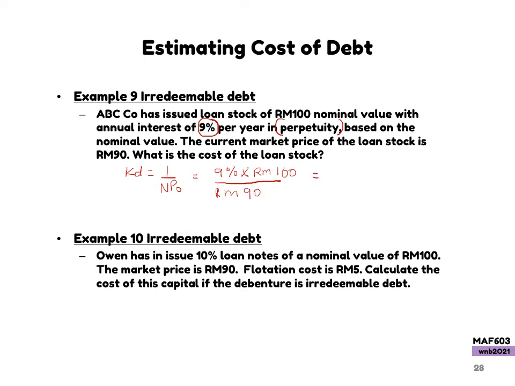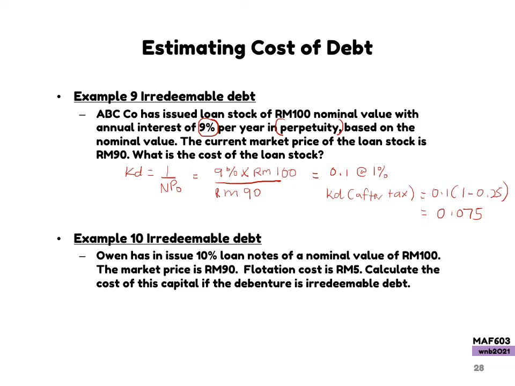So finish up this formula, I will get KD of 0.1 or 10%. Okay. Here in this question, it doesn't mention anything about the corporate tax rate, so assuming that corporate tax is 25%. So I will find KD after tax. KD after tax equals 0.1 times 1 minus tax 0.25. Then I will get KD after tax of 0.075.